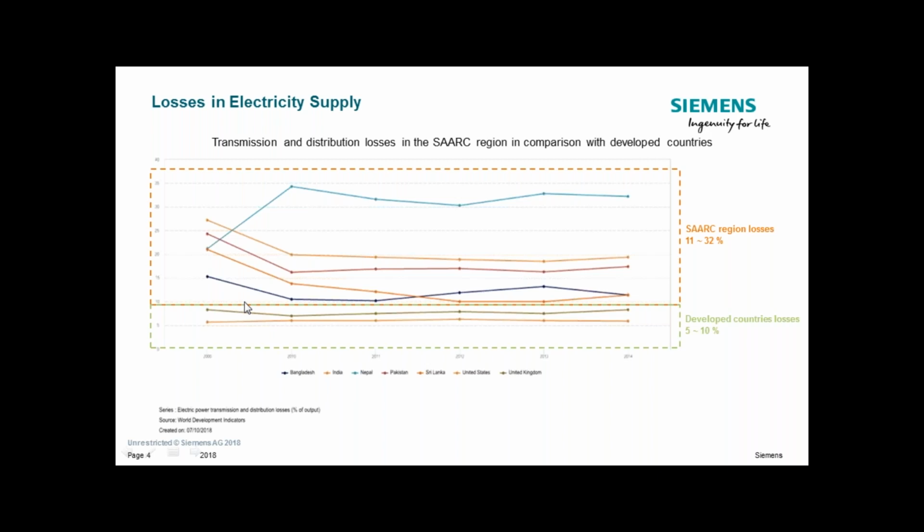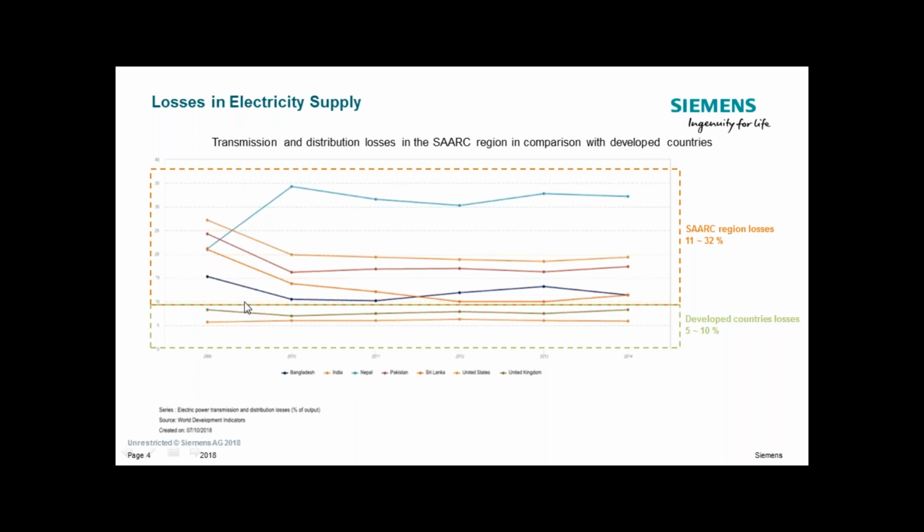In the SARC region, these losses vary from 11 to 32%. The blue line at the top refers to Nepal. Nepal starts at approximately 35% losses in 2010, and by 2014 it is still in the range of 30%.